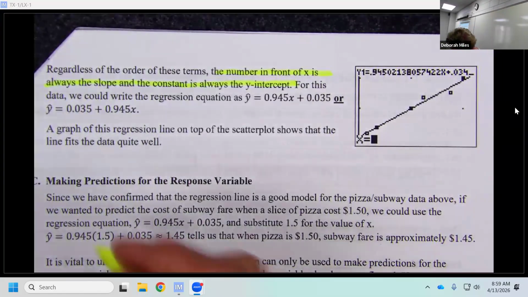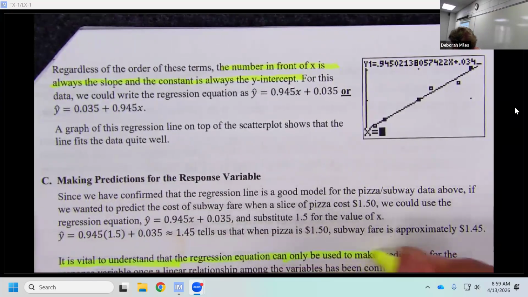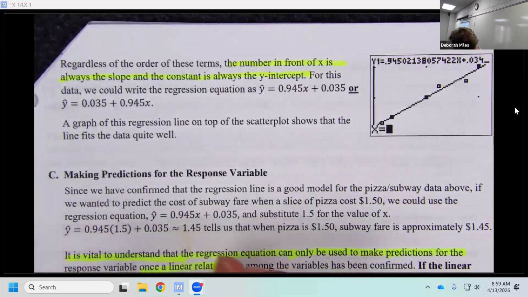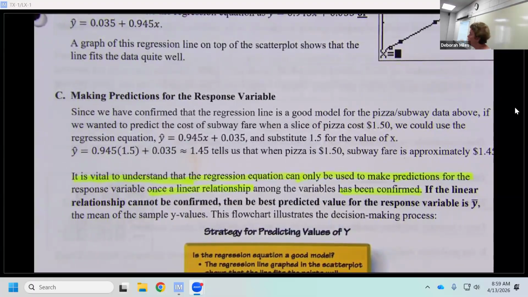It's vital to understand that you can only use the regression equation once a linear relationship has been confirmed. Don't automatically go plugging stuff into that equation every time you're asked to make a prediction.